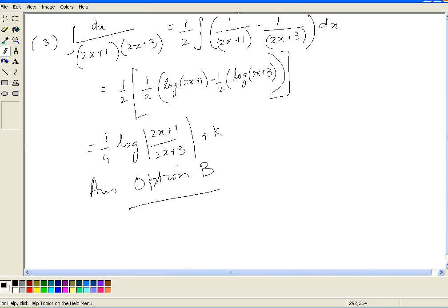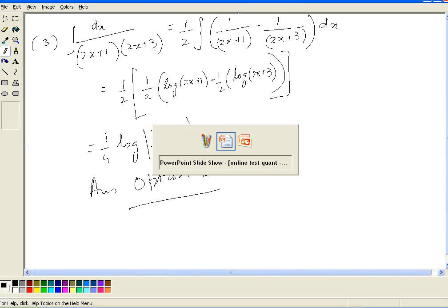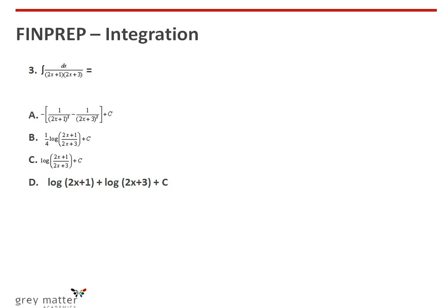So effectively it is 1 by 4 log of the absolute value of 2x plus 1 by 2x plus 3 plus k, because we don't take the log of a negative number, which gets into the complex plane, and the answer is option B. Going to our PowerPoint projection, it is option B, which says 1 by 4 log of 2x plus 1 by 2x plus 3 plus c.